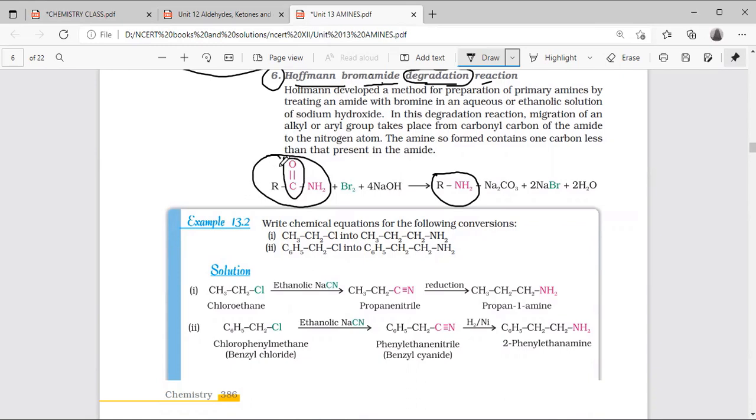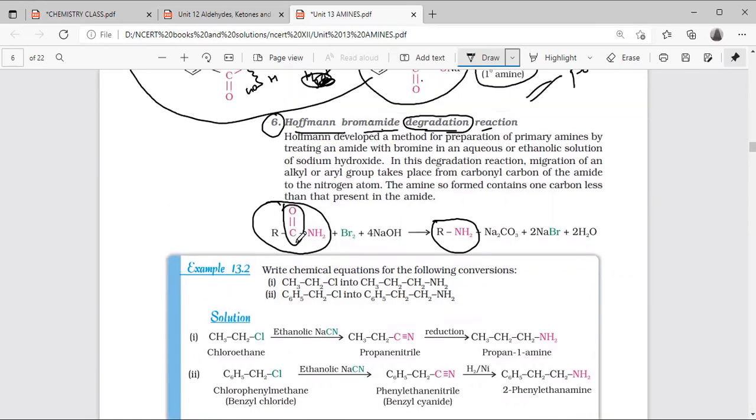This CO is eliminated, leaving NH2. Bromamide degradation. What is the degradation? Carbon is decreasing. Degradation means one carbon decreasing compared to the initial compound.